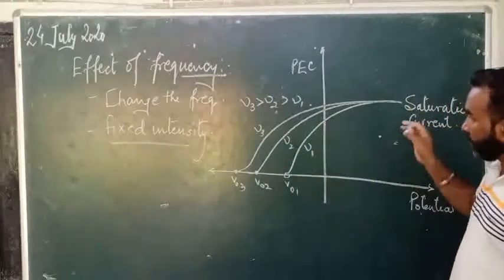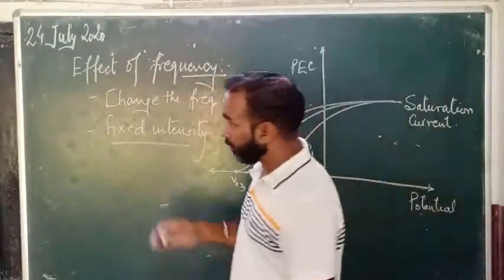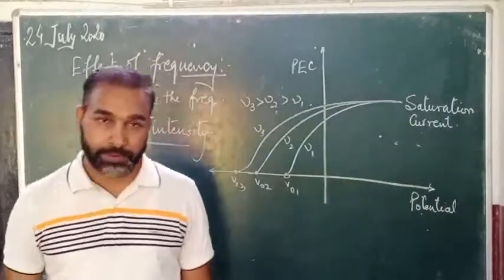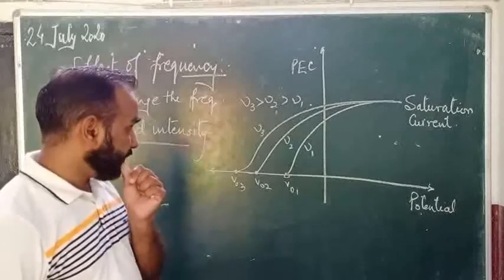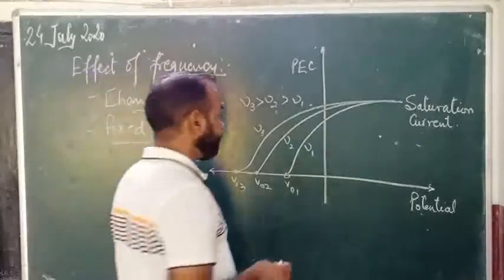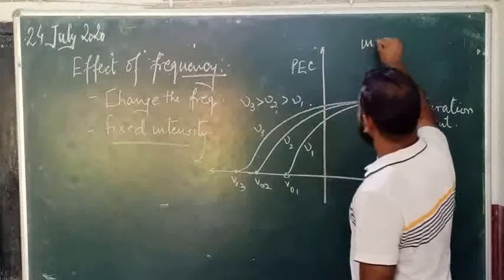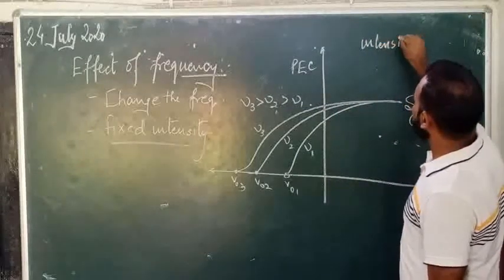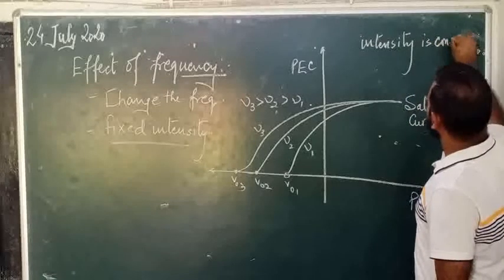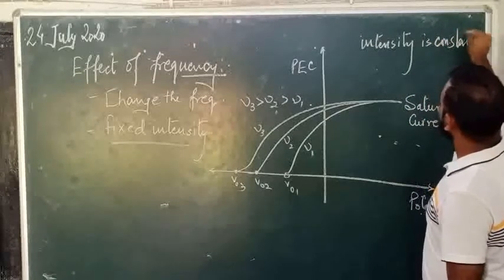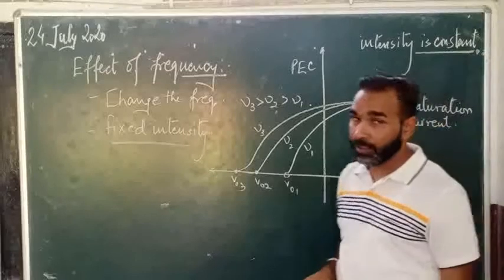Okay, so this is the graph which we got with the help of the effect of frequency. Now you can see in this graph, the intensity is fixed, intensity is constant.